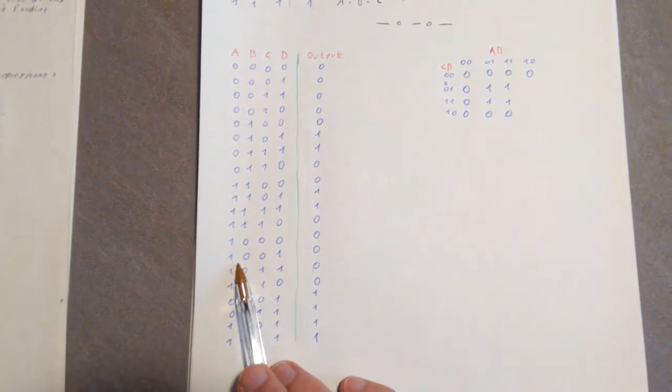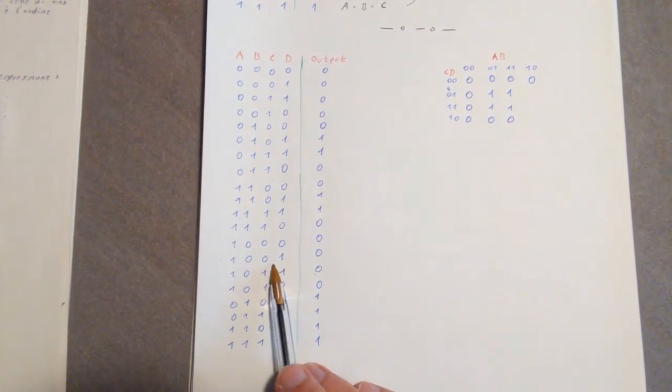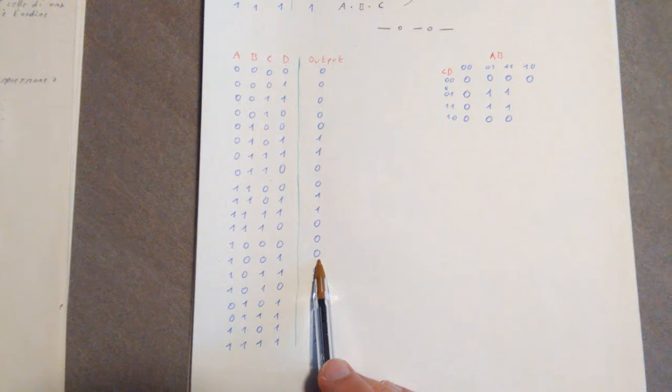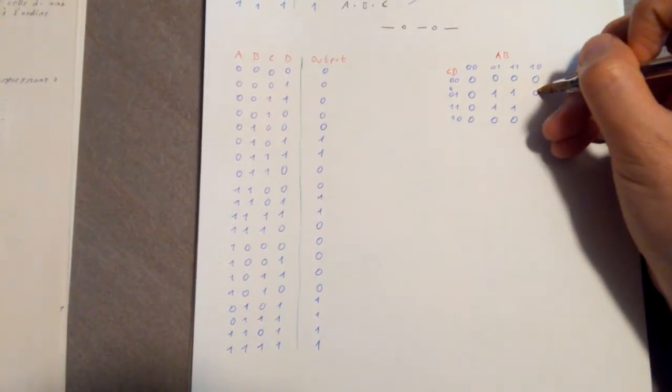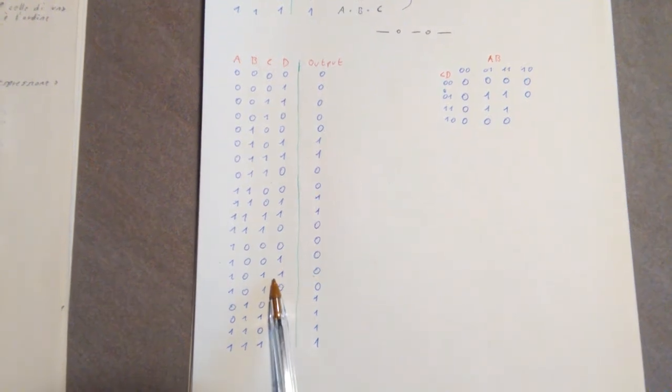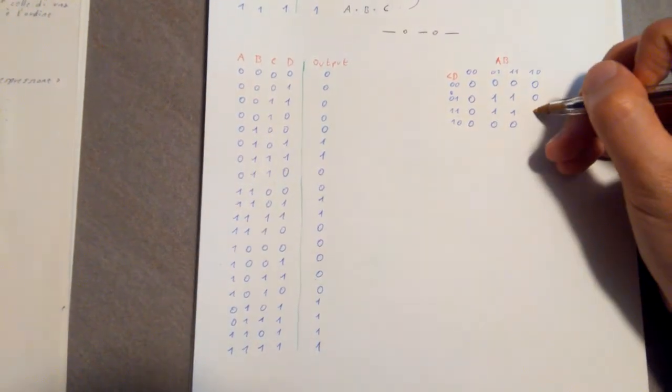When A and B are 1, 0, C and D are 0, 0, then the output is 0. When A and B are 1, 0, C and D are 0, 1, then the output is 0. When A and B are 1, 0, C and D are 1, 1, then the output is 0. And when A and B are 1, 0, C and D are 1, 0, then the output is 0.